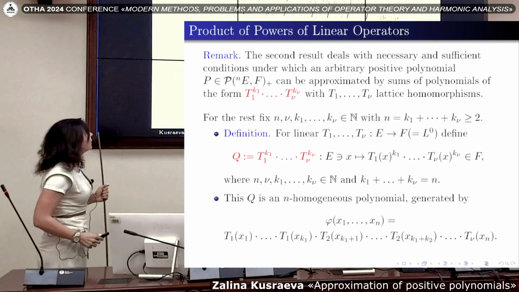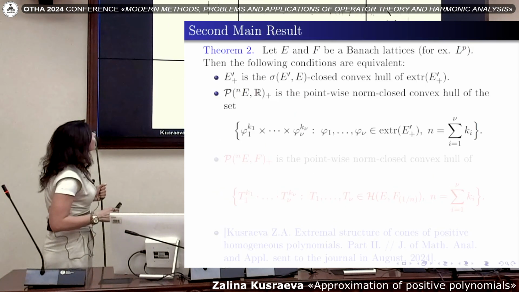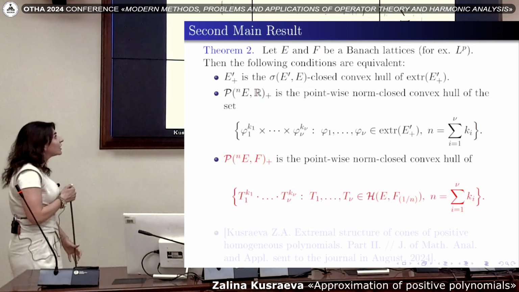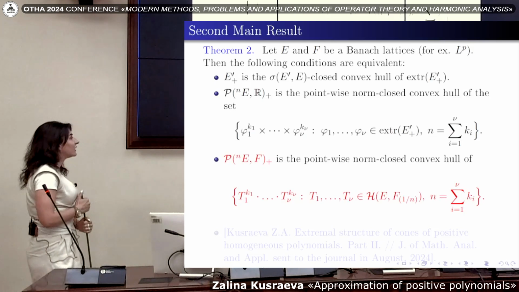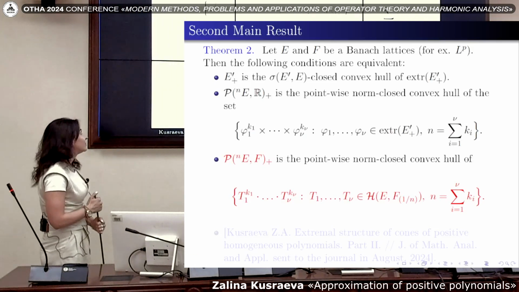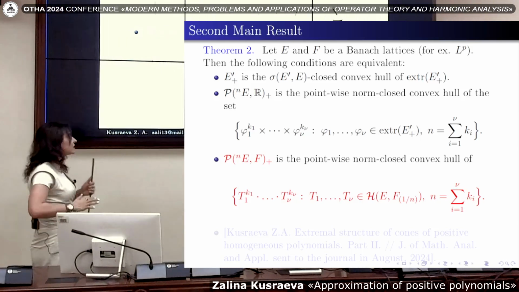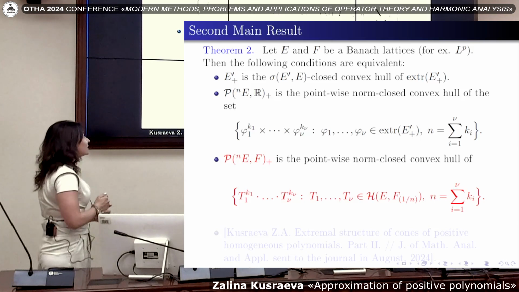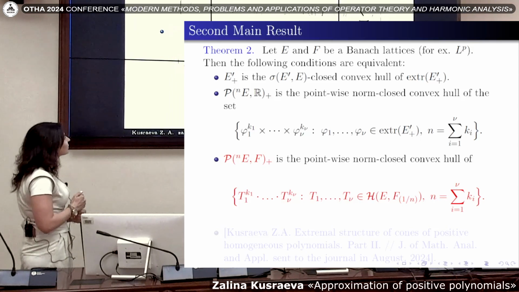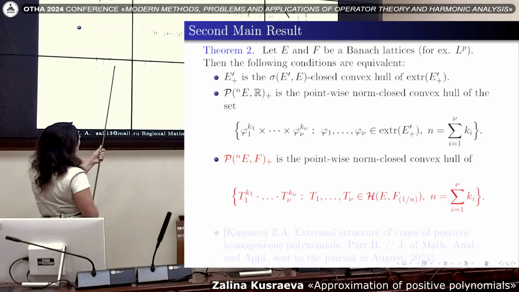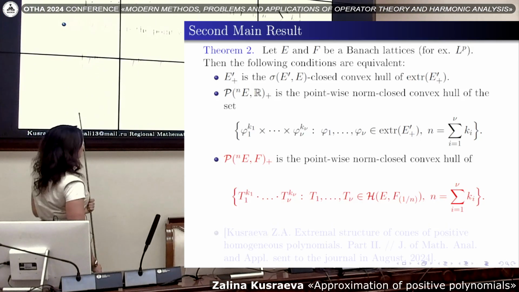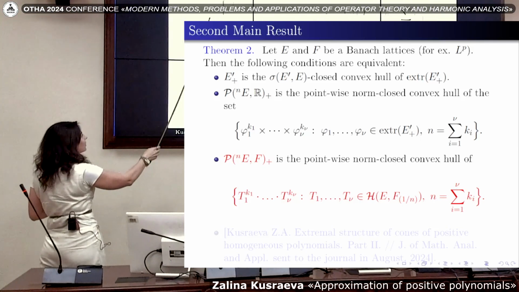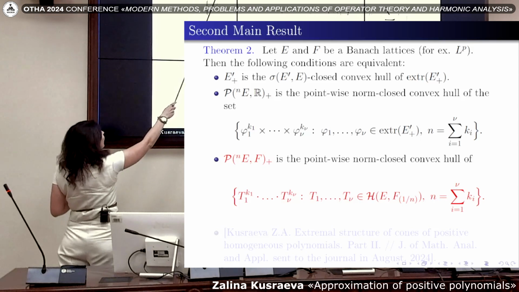So the result, I'll show it again, all three bullets, and we'll start again with the last one, saying that each positive homogeneous polynomial, not necessarily orthogonally additive, can be approximated in the pointwise norm closed convex hull of the powers of lattice homomorphisms. The second bullet is just the same as the third bullet, but here we work with real valued polynomials.